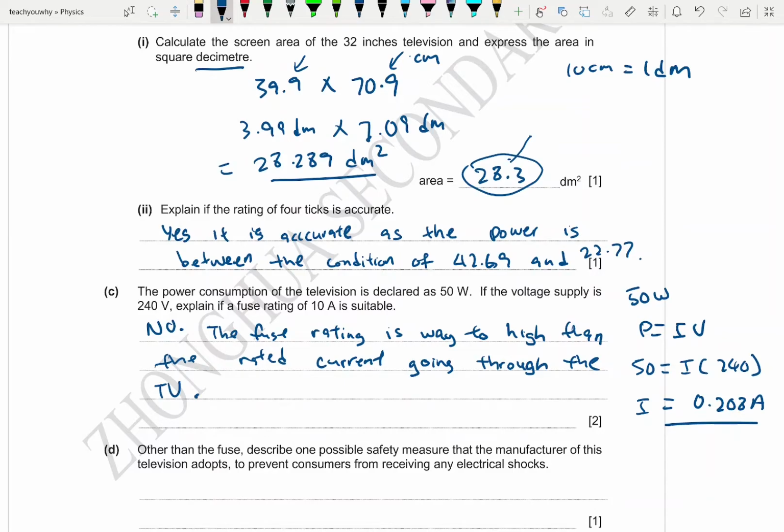So the fuse will not protect the TV in the event of a short circuit.